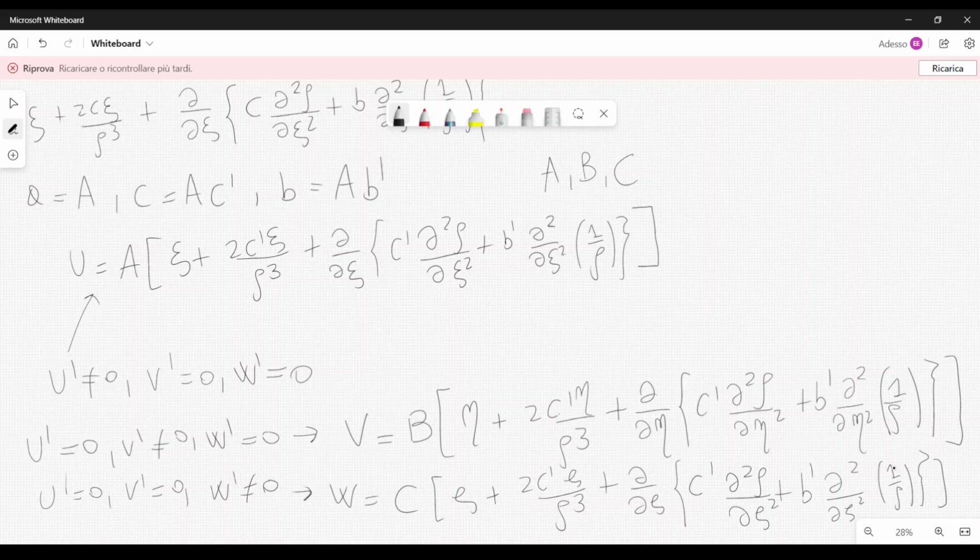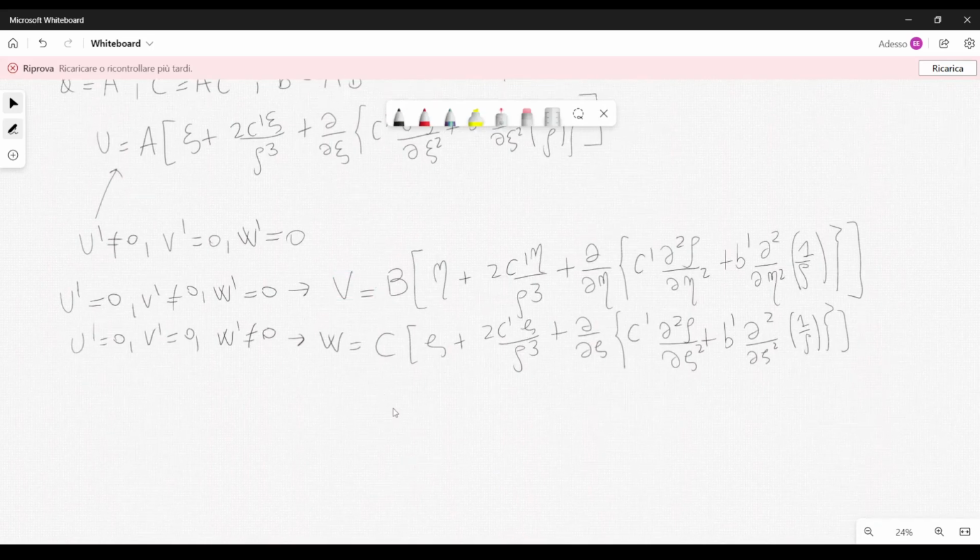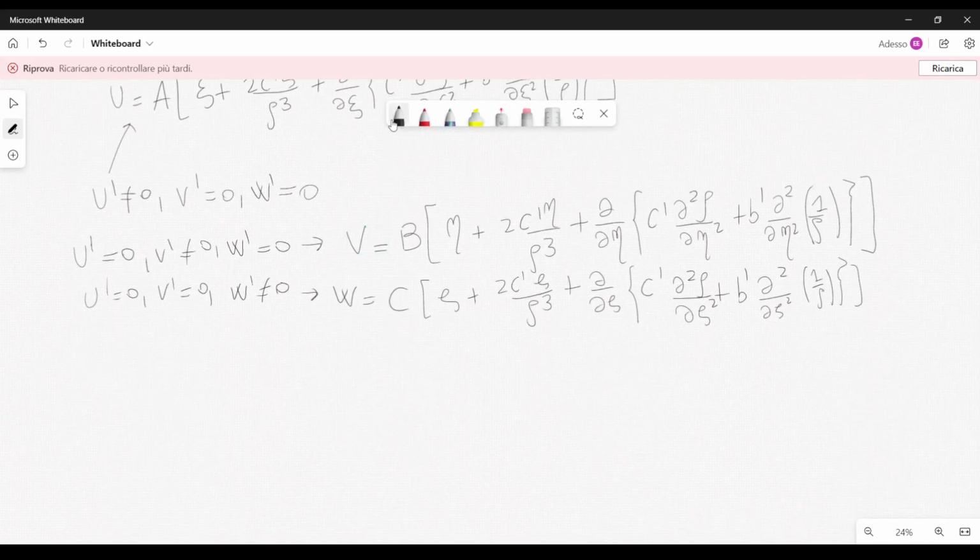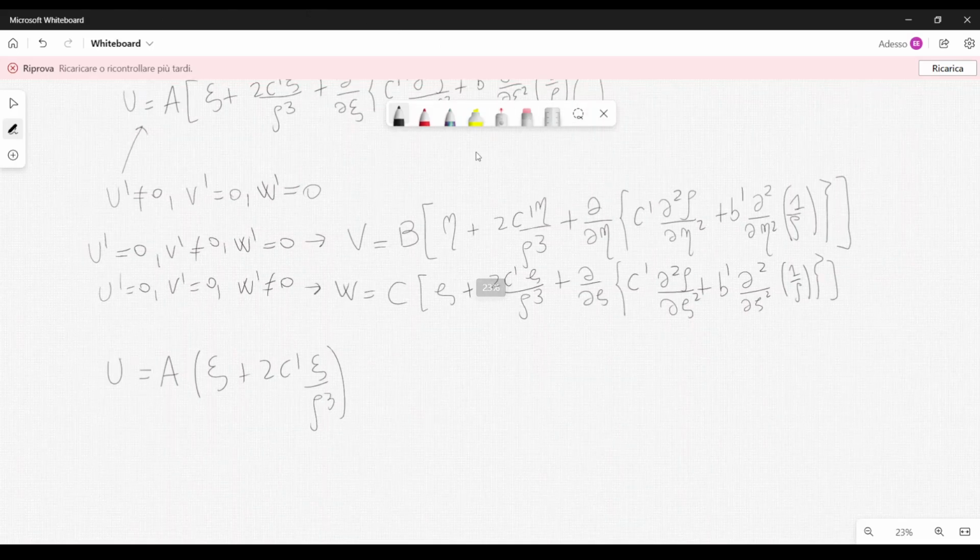And now we can rewrite u, v, and w in the following form. After we use superposition, what we get is the following. So we get u equal to a times xi plus 2c prime xi over rho cubed. So this part is exactly the same.